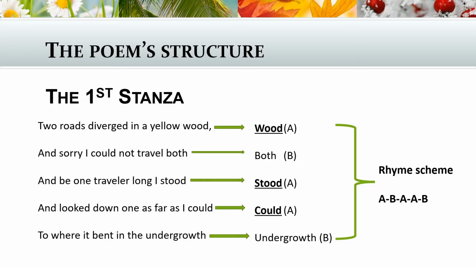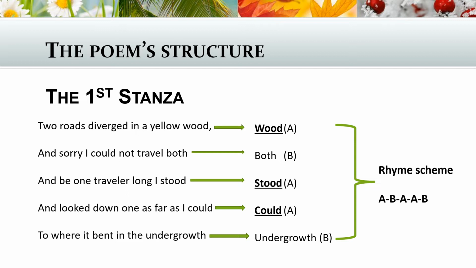The third line is stood, which has a similar sound to the would sound, so we're labeling the sound as an A. The fourth line is could, which has a similar sound to the would sound, so we're labeling this sound as an A. The fifth line is undergrowth.